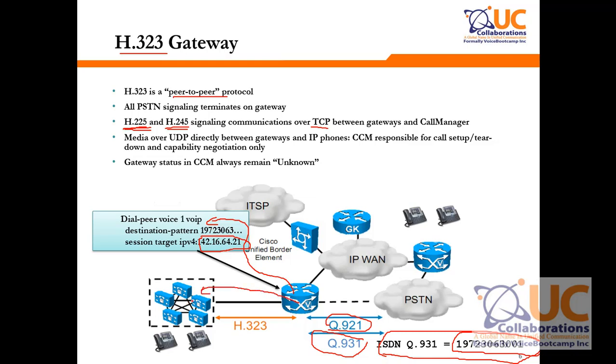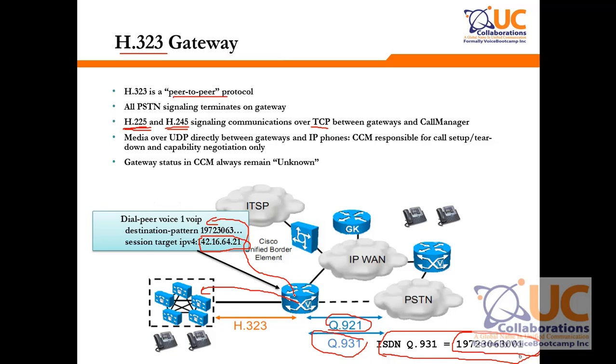Now the call manager will only accept the call from this gateway if you add that gateway into the call manager database. So one of the tasks involved in configuring an H.323 gateway is to add that gateway into call manager. Because in the nature of H.323, devices do not exchange information with each other, call manager does not register the gateway.